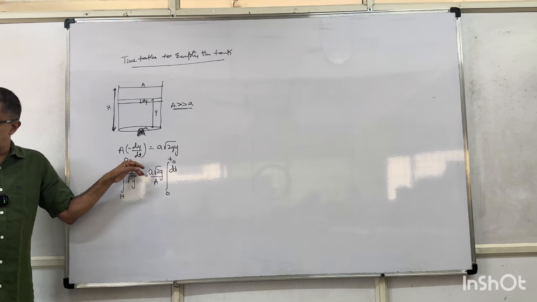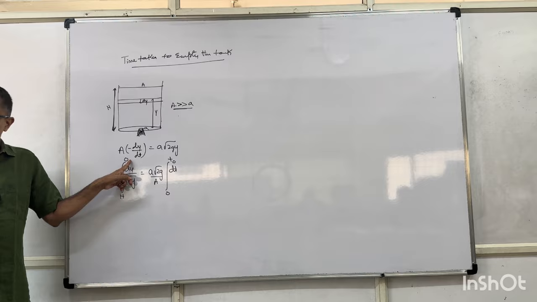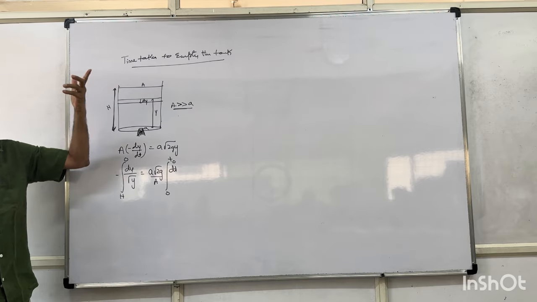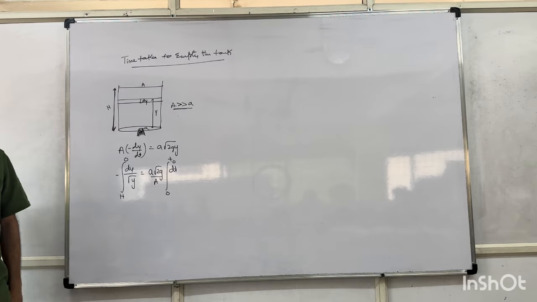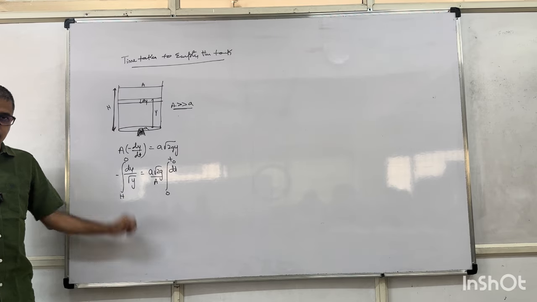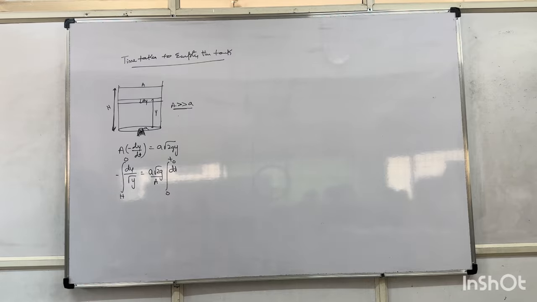Yes or no? I am finding the time for which y becomes 0. They can ask you time taken for the container to empty 1/4, 3/4, and so forth. You will complete the simplification, don't leave it here. Find out the time taken for the container to empty.